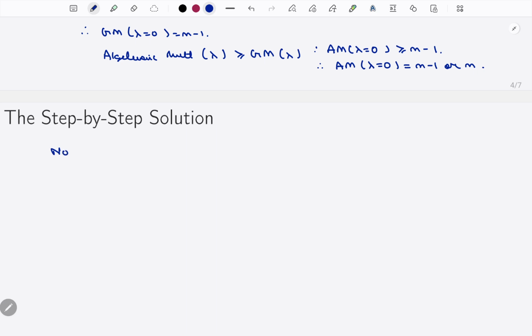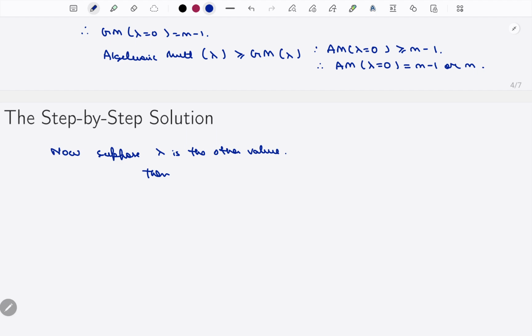Now suppose lambda is the other eigenvalue. There can only be one other eigenvalue except 0, because 0 occupies at least n minus 1 places in the eigenspectrum.